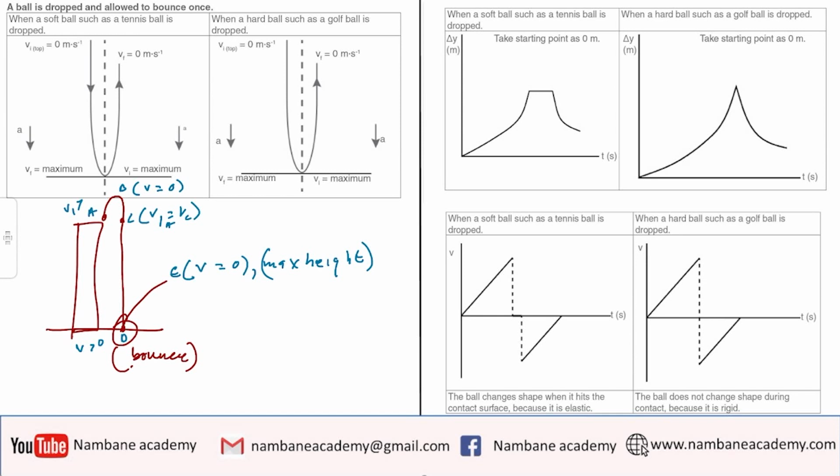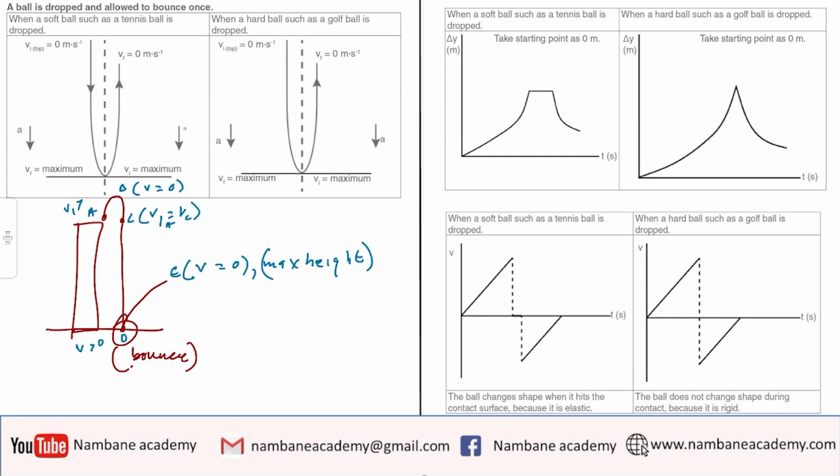Sir, is it impulse? 100%. It is impulse because impulse says I need to have one object that is in a collision. And that one object that is in a collision, yeah, it's impulse. So can you see now how these two topics are coming closer to one another?